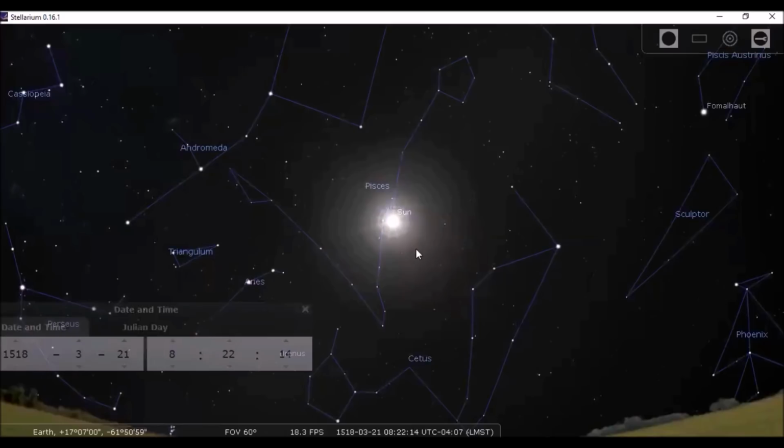So we have the Pisces constellation and the sun on the third month, the 21st day, in the year 1518, the sun rising on the equator of the earth and going through the celestial equator, equal day and night, the equinox.